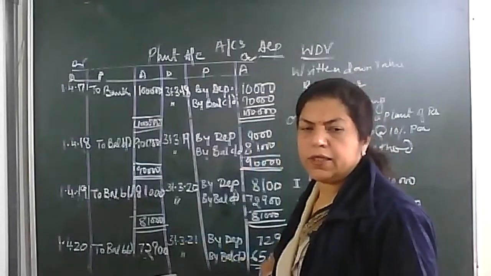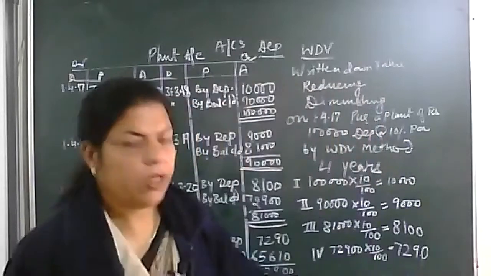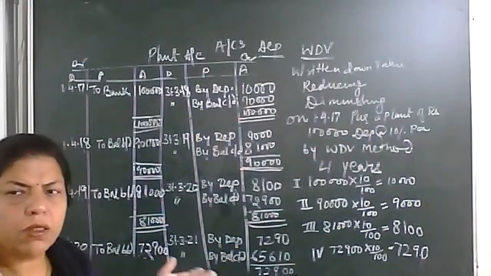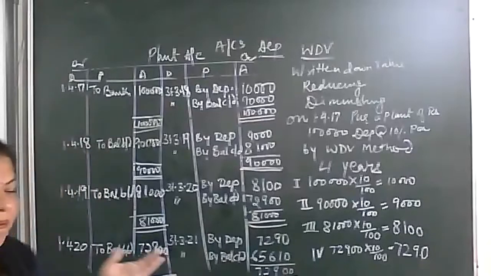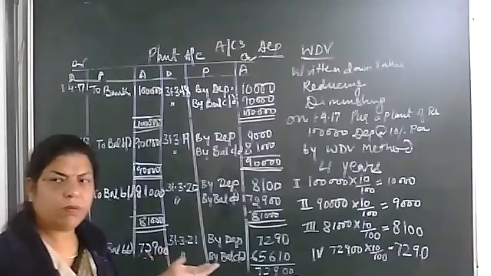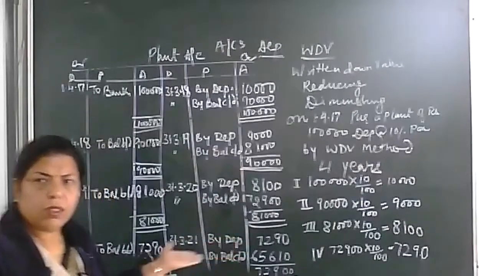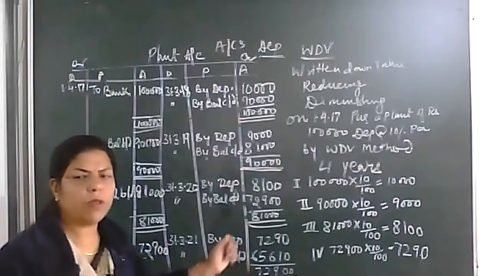So the balance remaining here is 65610. Please note down. Sawan, be careful, be attentive, beta. You don't know how to calculate balance. How to calculate balance? Debit is bigger than credit, so subtract the credit side from the debit side. Your balance will be there.